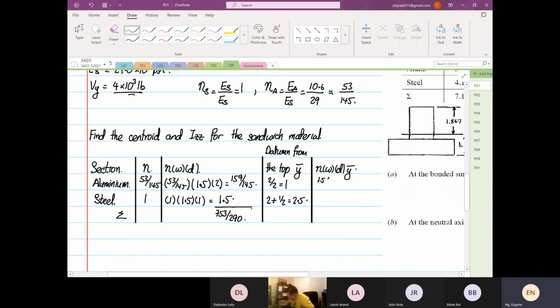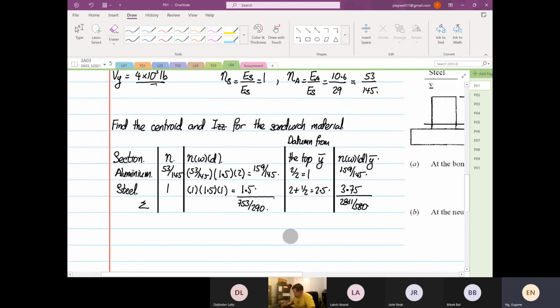So this is 159 over 145. And 1.5 times 2.5 is equal to 3.75. So 159 over 145 plus 3.75, this is 2811 over 580.